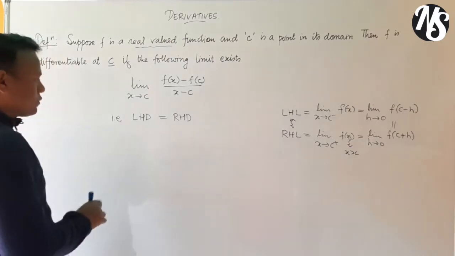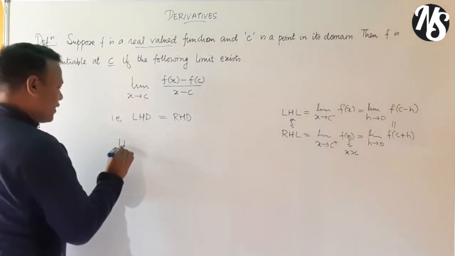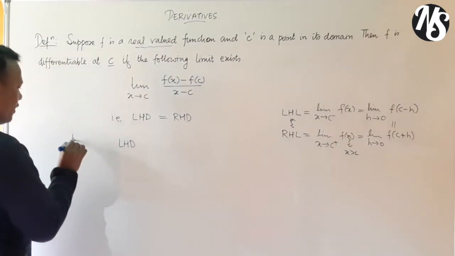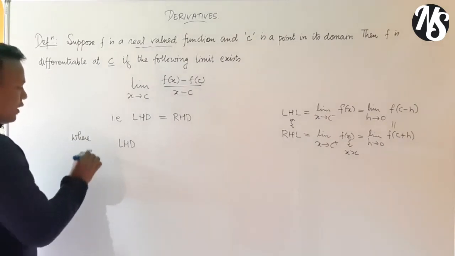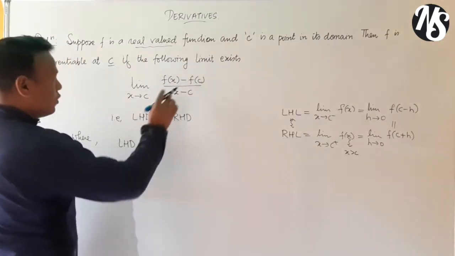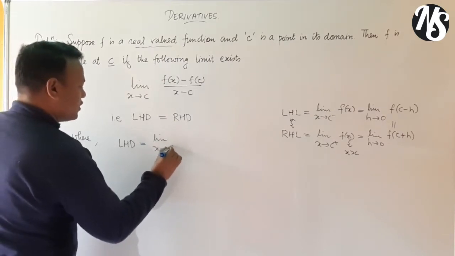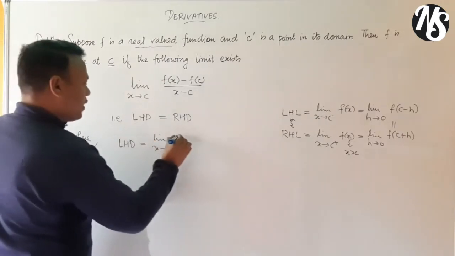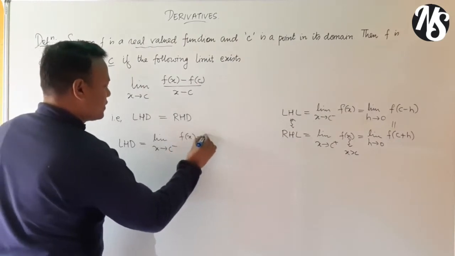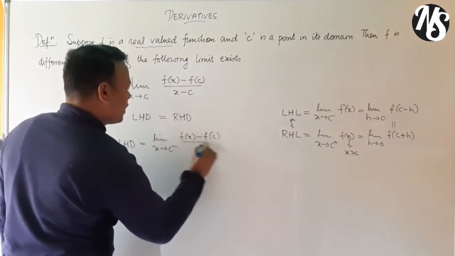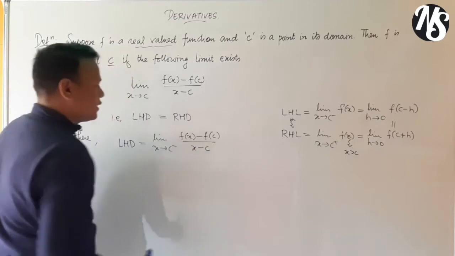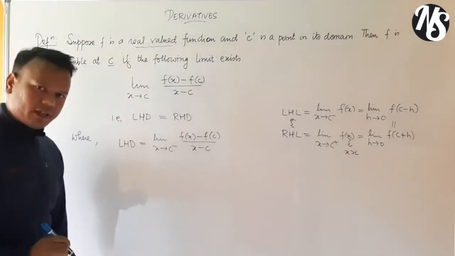Now let's see what the definition for the left hand derivative is. You know that the left hand derivative is given by limit x tends to c negative, f(x) minus f(c) by x minus c. So this is your left hand derivative.